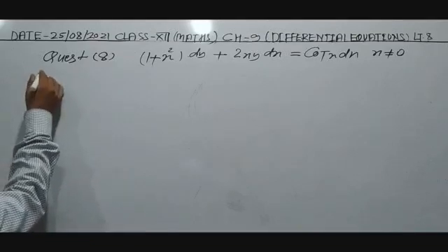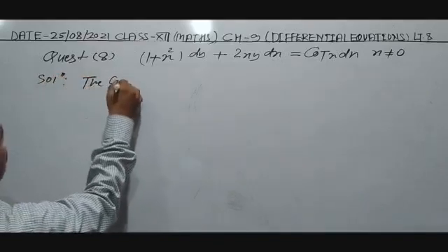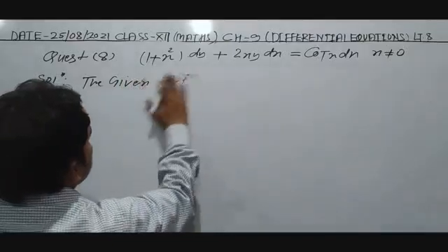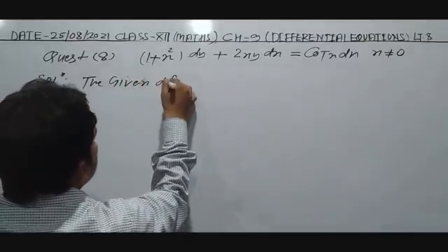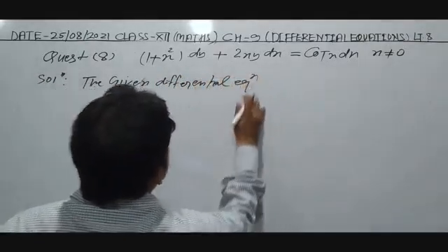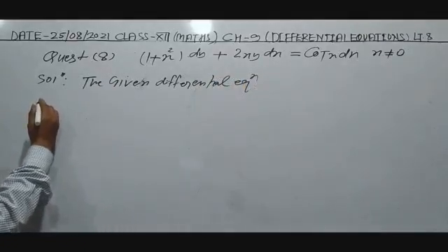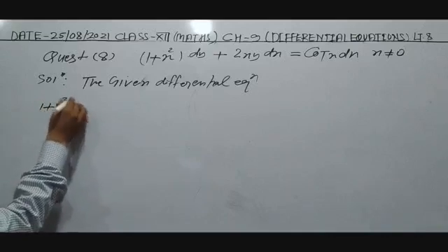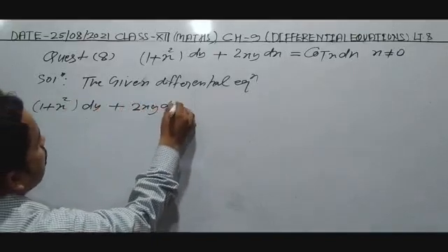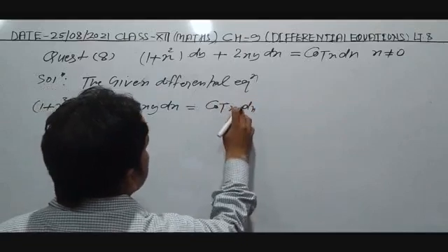The given differential equation is (1 plus x square) dy plus 2xy dx is equal to cot x dx.